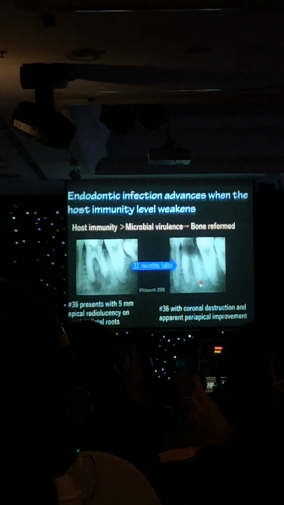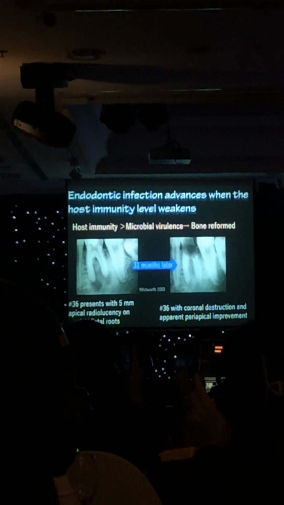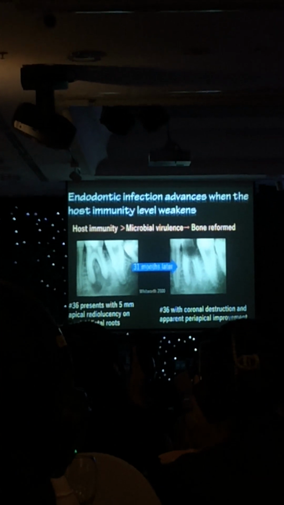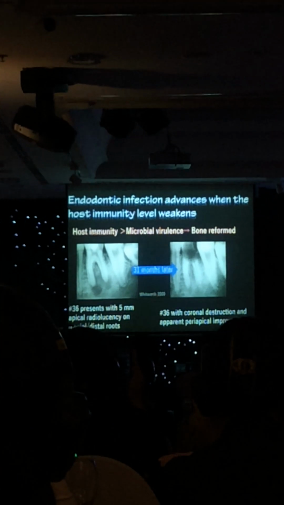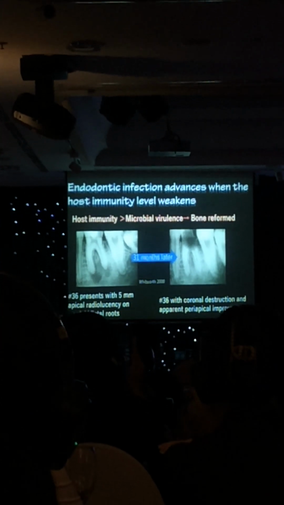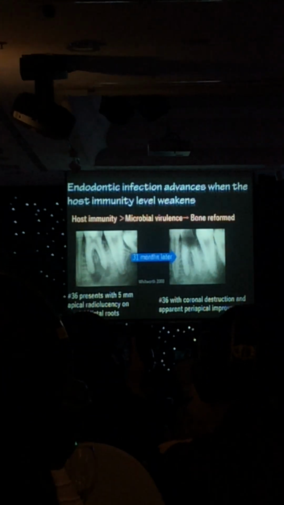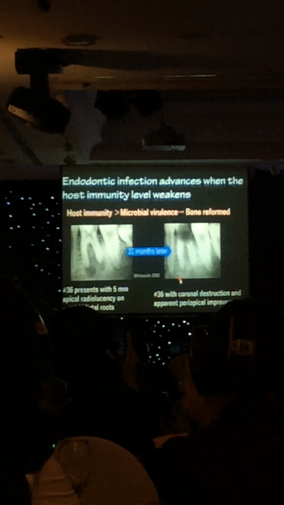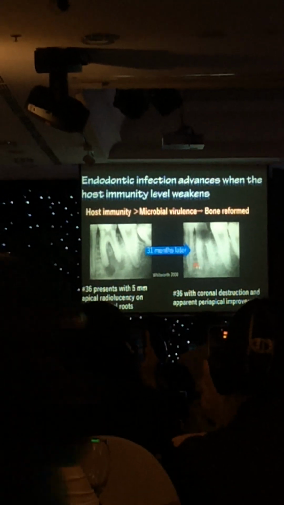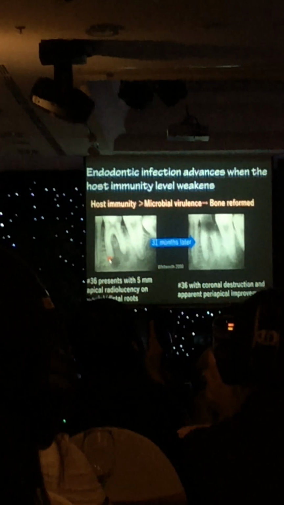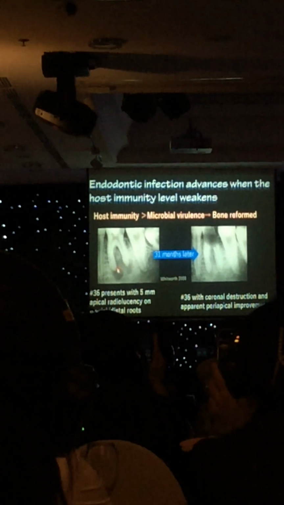The apical region is gone. Why? Because the host immunity won the battle against the bacteria. And the host started creating bone. Here, you see the bone completely filled in the defect that you see on the pre-op radiograph.